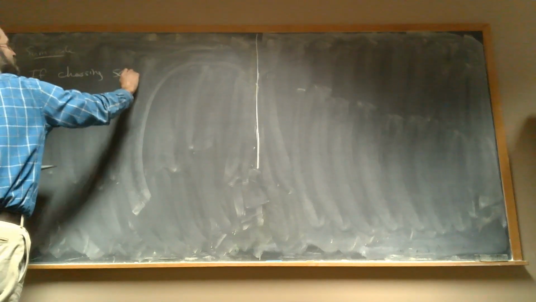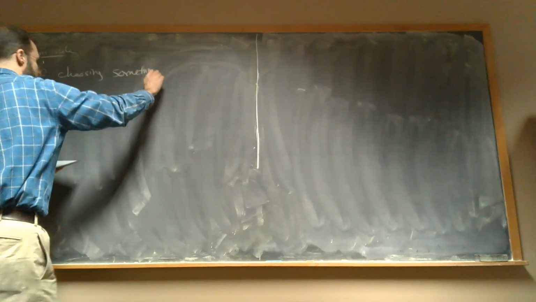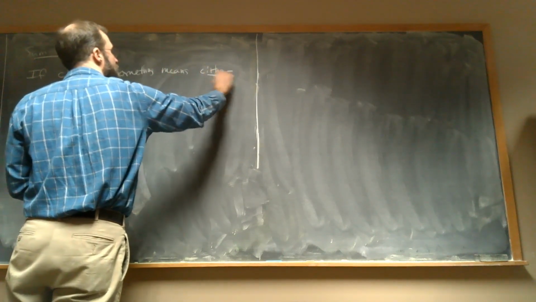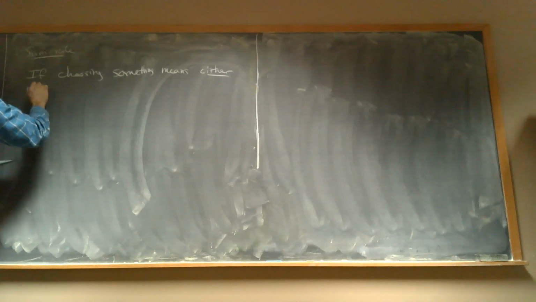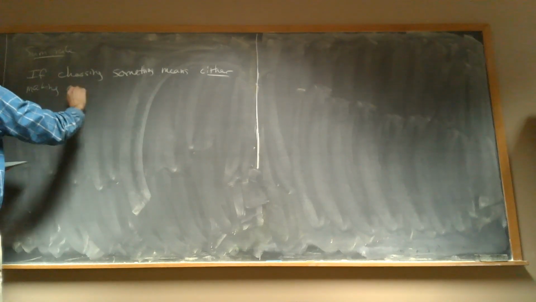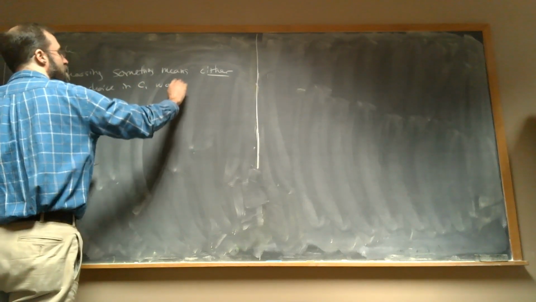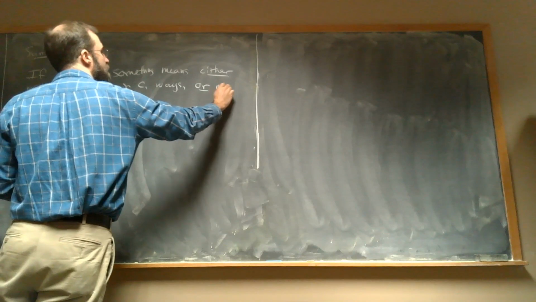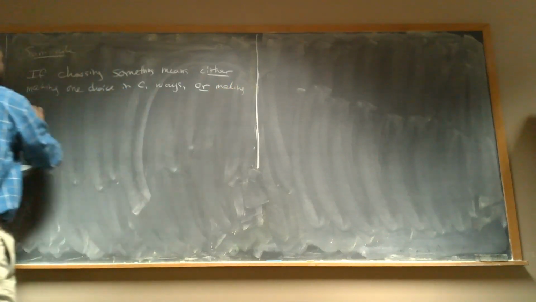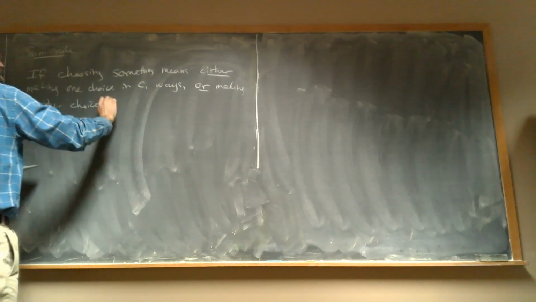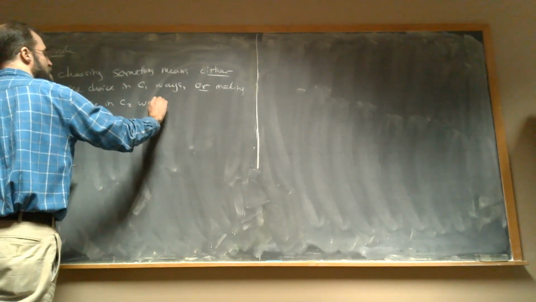So we're trying to choose something, and in this case, choosing something means either making one choice in C1 ways, or making another choice in C2 ways, right?